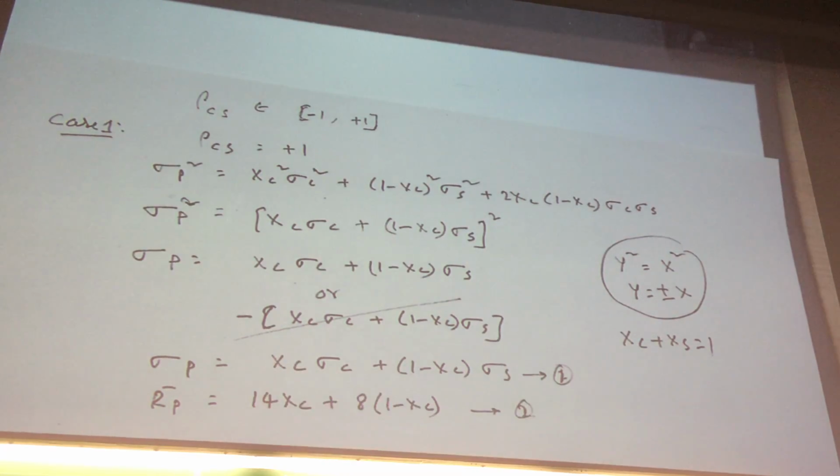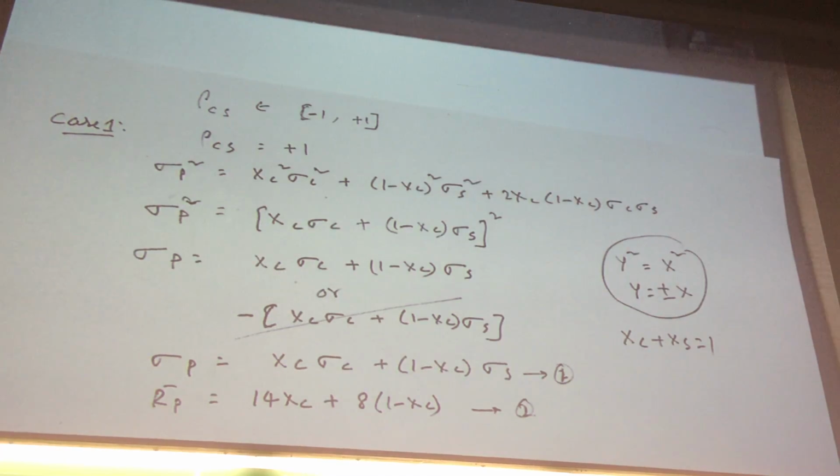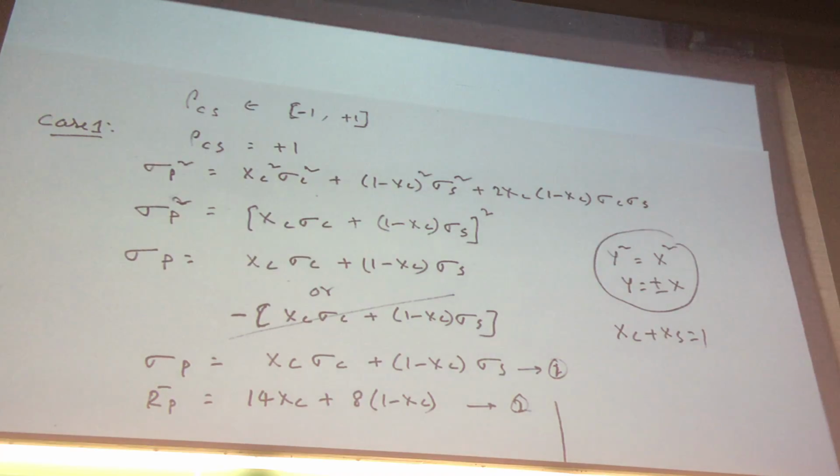The first one is representing the variance of the portfolio. The second one is representing variance of the returns of the portfolio. Now the ultimate aim, one of the important questions in the beginning that we mentioned, is: what is the geometrical representation of the variance and returns of the portfolio?